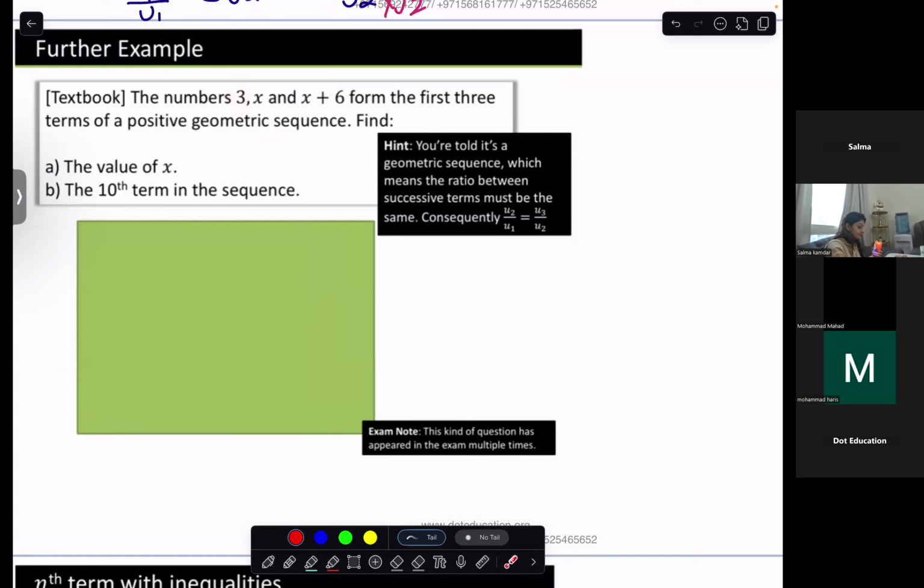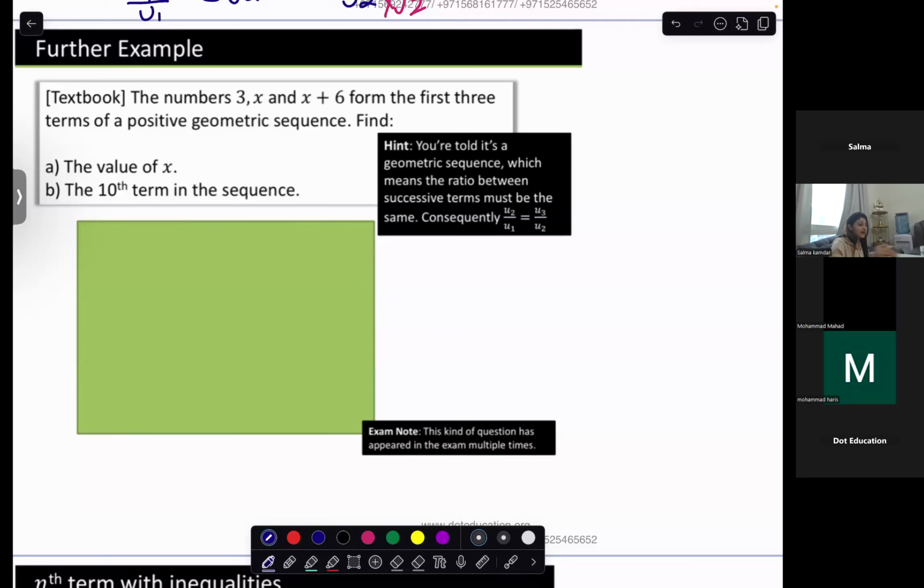The numbers 3, x, and x plus 6 form the first three terms of a positive geometric sequence. Find the value of x and the 10th term in the sequence. So I have three numbers that form a positive geometric sequence, and I want to find the value of x.